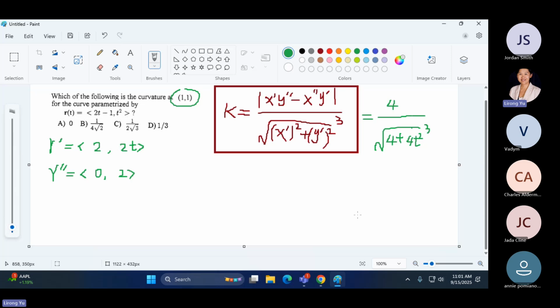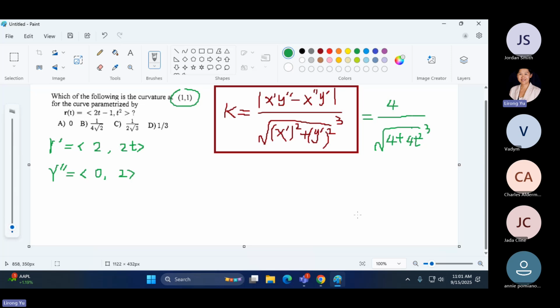So that's x prime times y double prime minus x double prime times y prime. That's the numerator. The denominator is the magnitude of the first derivative vector, so r prime, find the magnitude of r prime and cube that. So that's the curvature calculation.